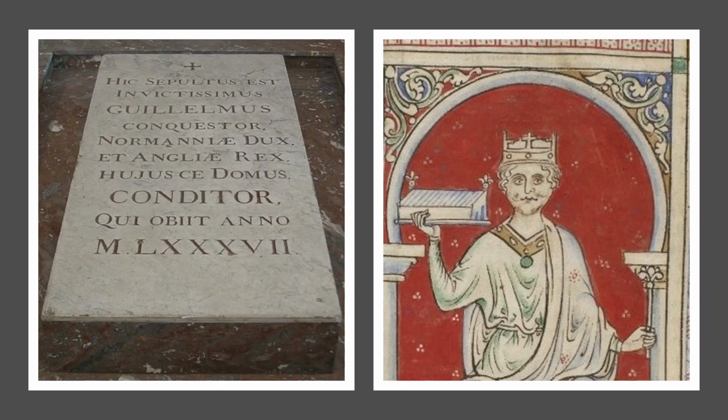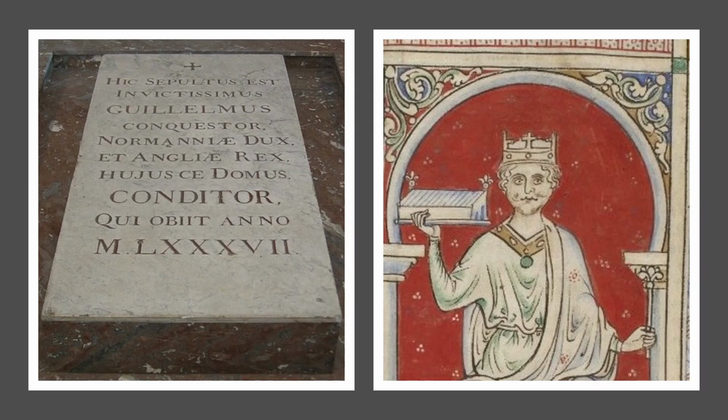Odo quickly attempts to take Rochester, but William Rufus is extremely quick and decisive, just like his father, and he immediately sieges Rochester and defeats Odo there. Odo will eventually leave England and go on crusade and die in 1097.